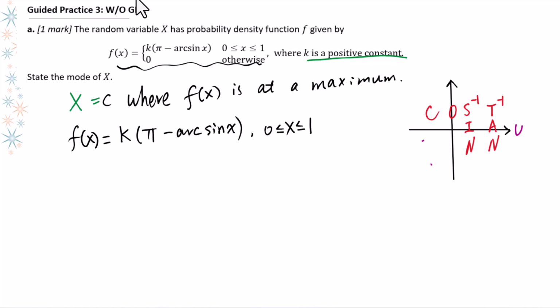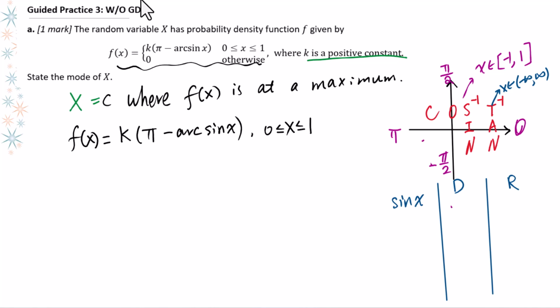Range will be the angle 0, pi, negative pi over 2, pi over 2. For inverse sine and cosine, the domain is from -1 to 1. For inverse tangent function, domain is all real numbers.